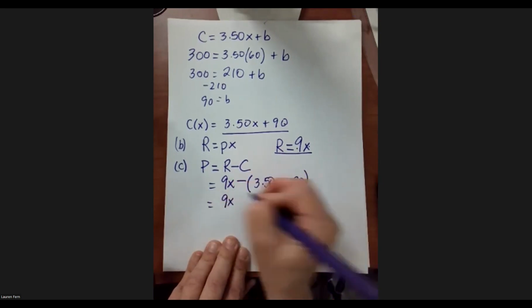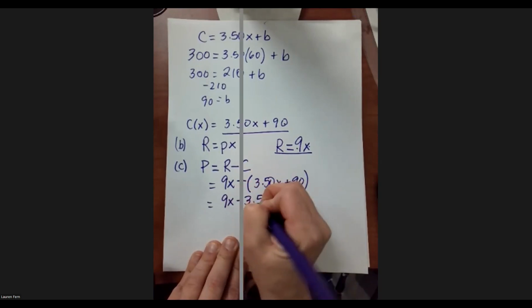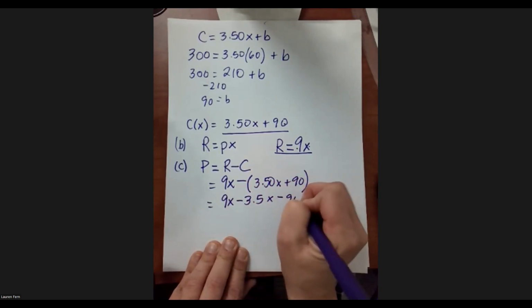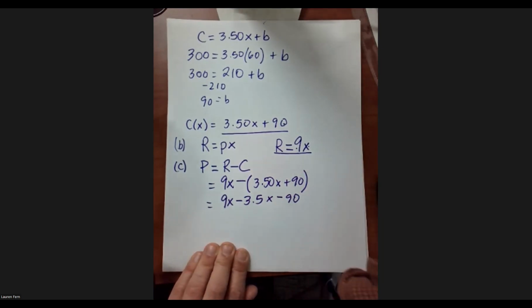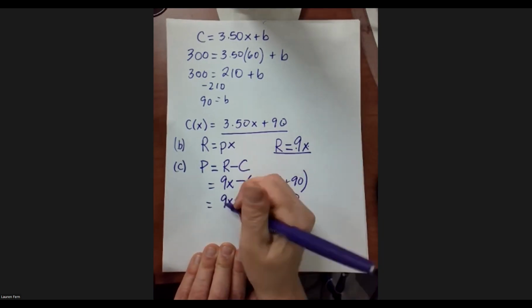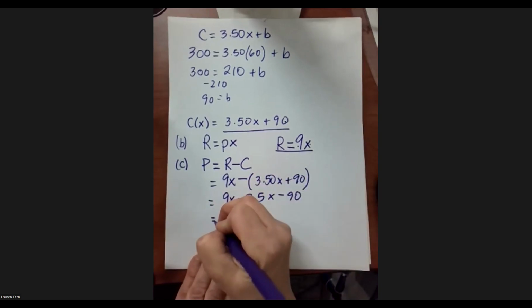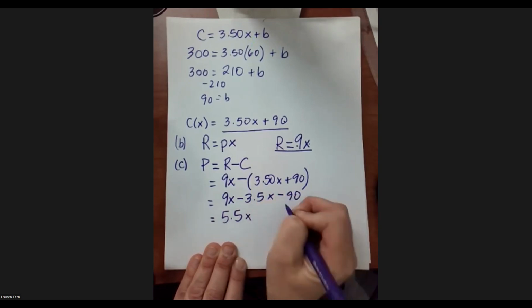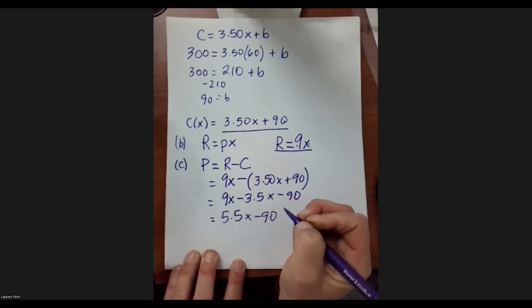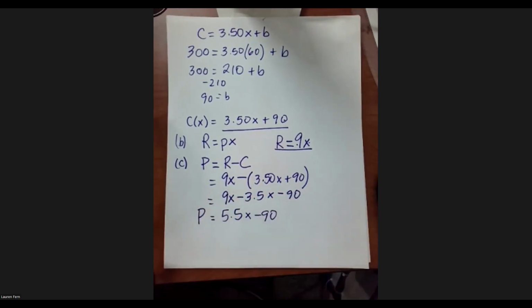So I have 9x minus 3.5x minus 90. Well, 9x minus 3.5x is 5.5x minus 90. And that's my profit function.